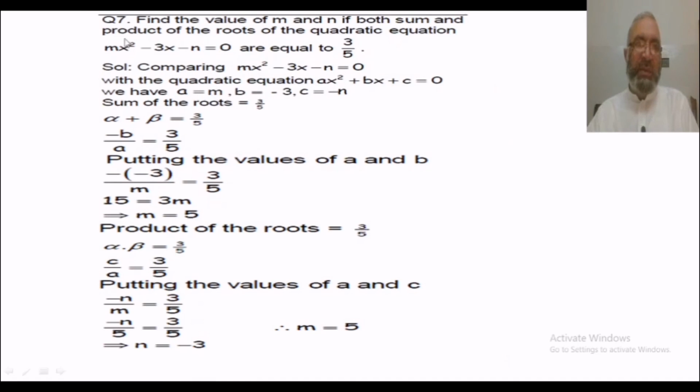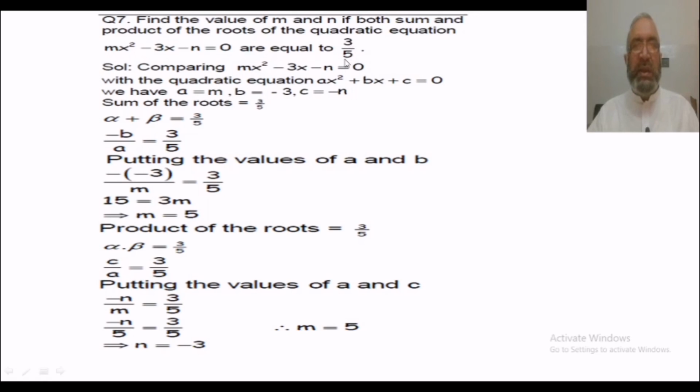Next, question 7. Find the value of m and n if both the sum and product of the roots of the quadratic equation mx square minus 3x minus n is equal to 0 are equal to 3 by 5. The given condition is that the sum of the roots and the product of the roots are both equal to 3 by 5.